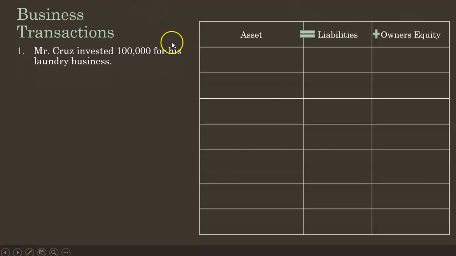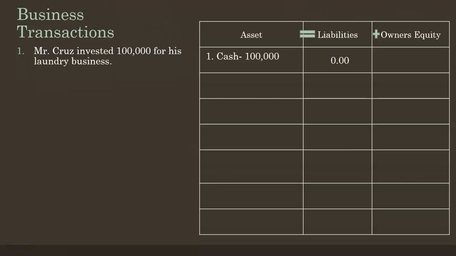So, let's analyze. Based on this transaction, we have cash, because it was not mentioned that it is machineries, or the land, or the building. So, when the item is silent, meaning to say it is cash. So, debit, increase your cash.